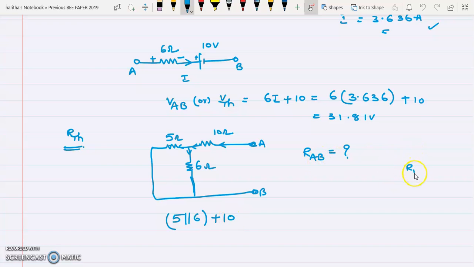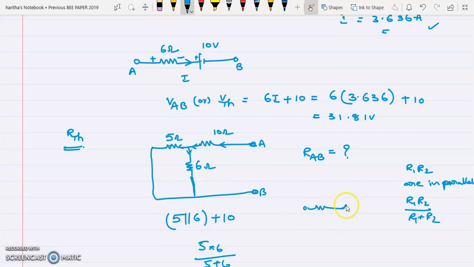If two resistors R1, R2 are in parallel, then what will be the equivalent resistance? R1 R2 by R1 plus R2. So 5 into 6 by 5 plus 6. So you will get the equivalent resistance. That equivalent resistance is in series with 10.